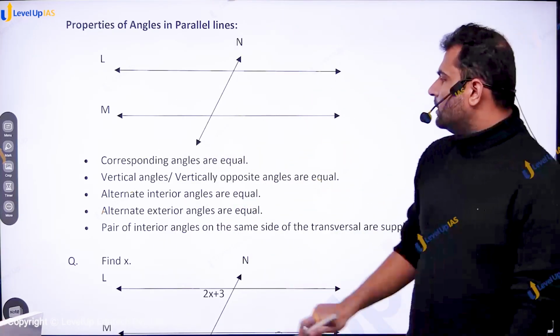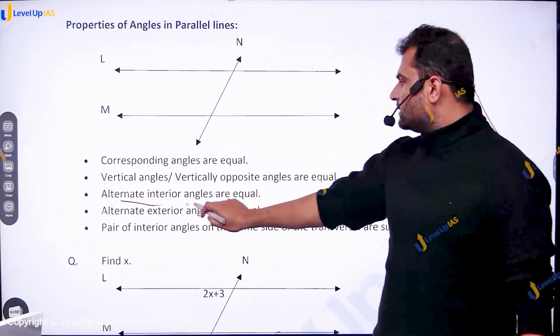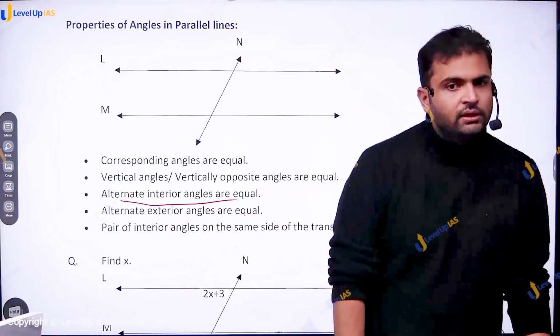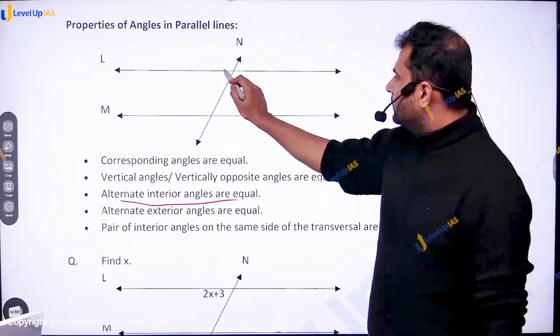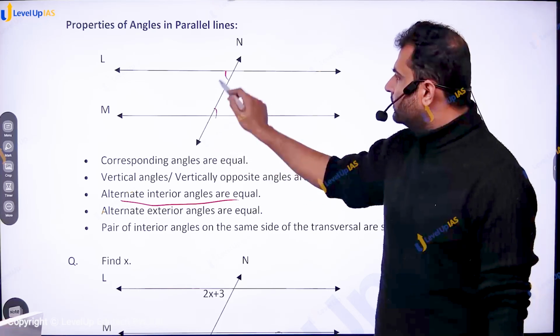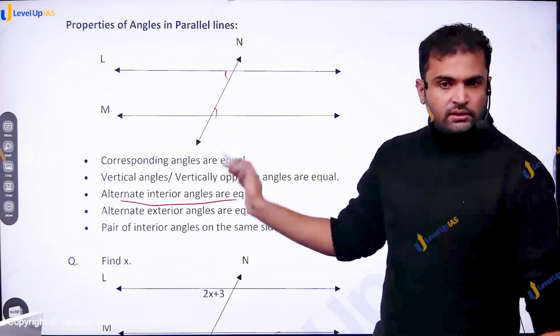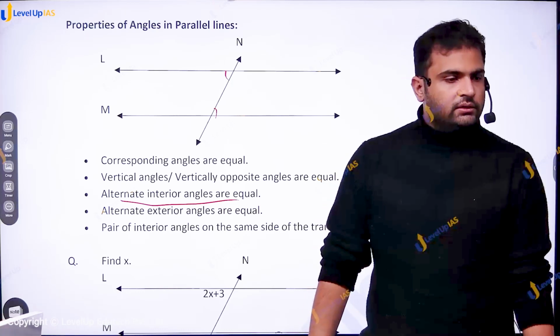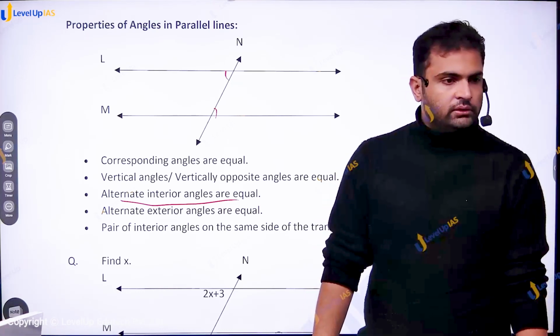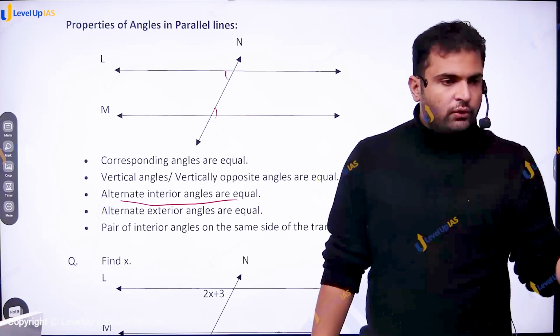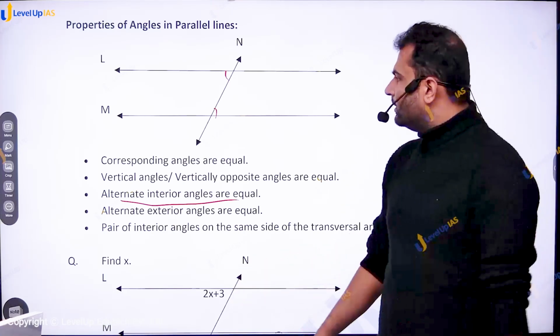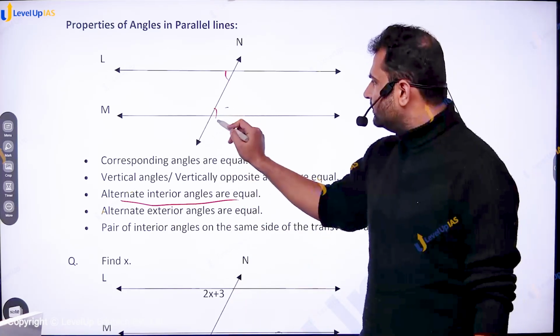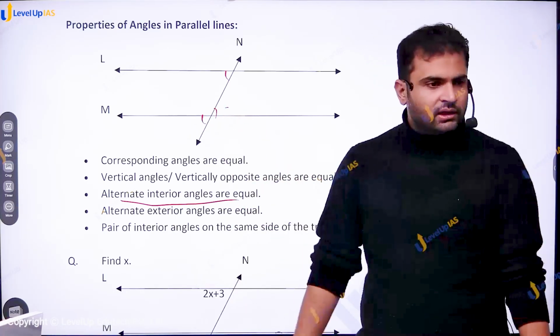Then alternate interior angles are equal. What do we mean? ये जो Z shape form हो रहा है, the Z shaping ones, these are equal. The alternate angles are equal. The angles which form the Z shape are equal, and you can also see that as this angle is same as this opposite angle.